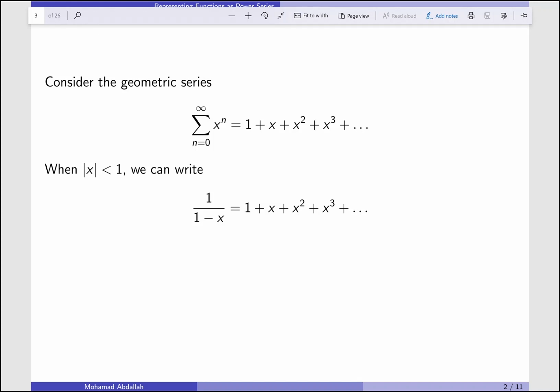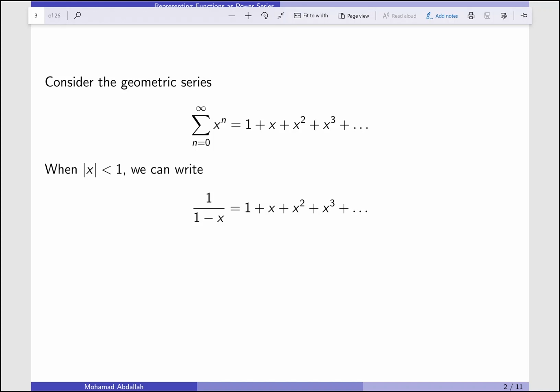So you can see that I can represent the rational function 1 over 1 minus x exactly as the infinite sum from n equals 0 to infinity of x to the power n. But we do have one condition here. This doesn't work for every x. This only works when the absolute value of x is less than 1.